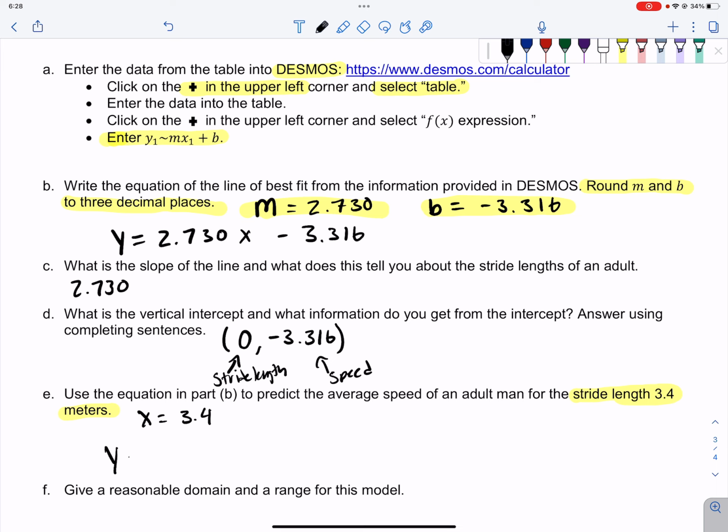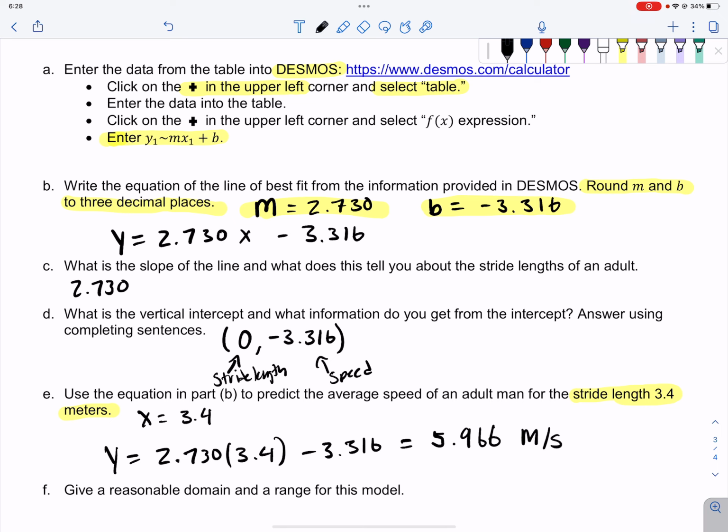So we have y equal to 2.730 times 3.4 minus 3.316. And now this we can then evaluate in our calculator. And you should then get 5.966. And this is our y, which has a unit of meters per second.